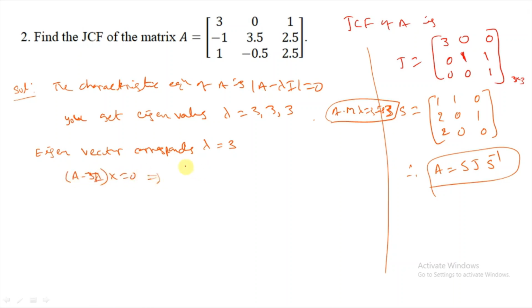That implies the matrix with rows 0 0 1, minus 1 0.5, 2.5 1 minus 0.5, 2.5 minus 3.5, minus 3, 1.5.